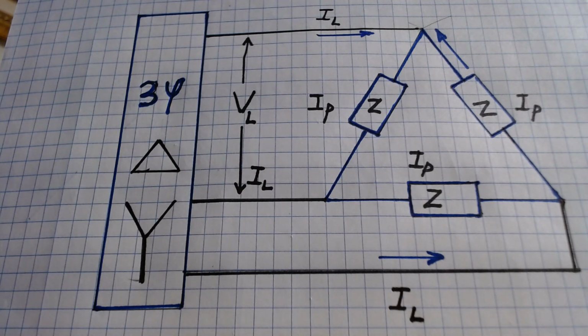Here you can see the line voltage VL, the line current IL, the phase current IP, and the impedance in all the three phases of the delta connection.